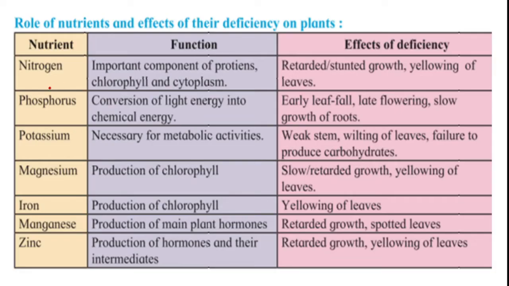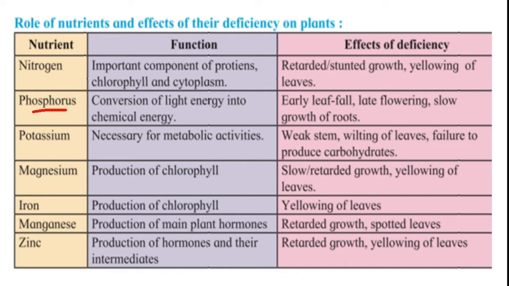Role of nutrients and effects of the deficiency on plants. First one, nitrogen. Its function is as an important component of proteins, chlorophyll and cytoplasm. Deficiency will cause retarded or stunted growth, yellowing of leaves, etc. Second, phosphorus.